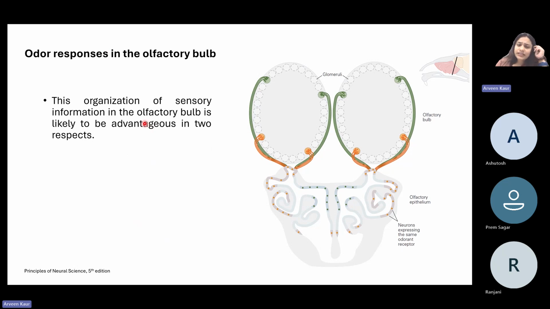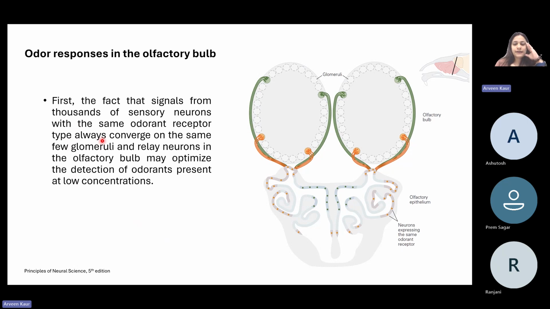This organization of sensory information in the olfactory bulb is likely to be advantageous in two respects. First, the fact that signals from thousands of sensory neurons with the same odorant receptor type always converge on the same few glomeruli and relay neurons in the olfactory bulb may optimize the detection of odorants present at low concentrations.